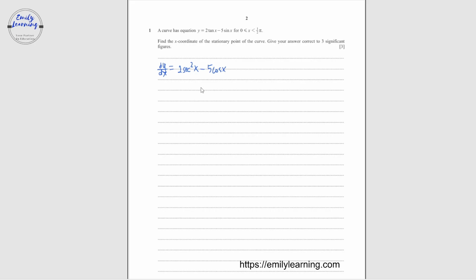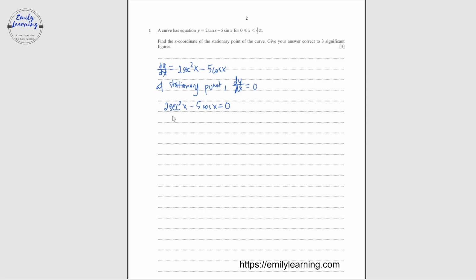Next, at a stationary point, we know that dy/dx is equal to 0. So we have 2 sec squared x minus 5 cos x equals 0.